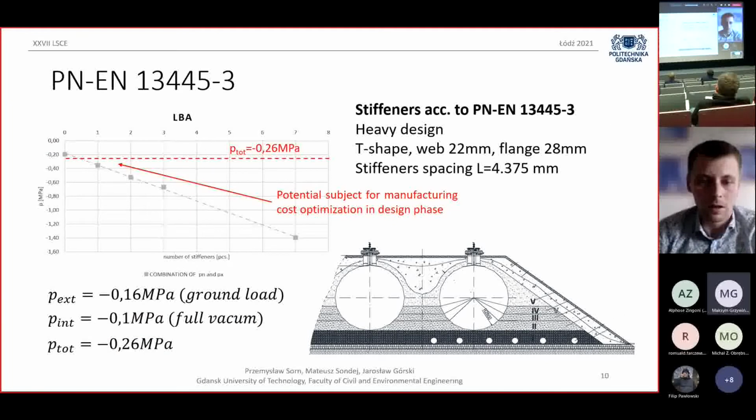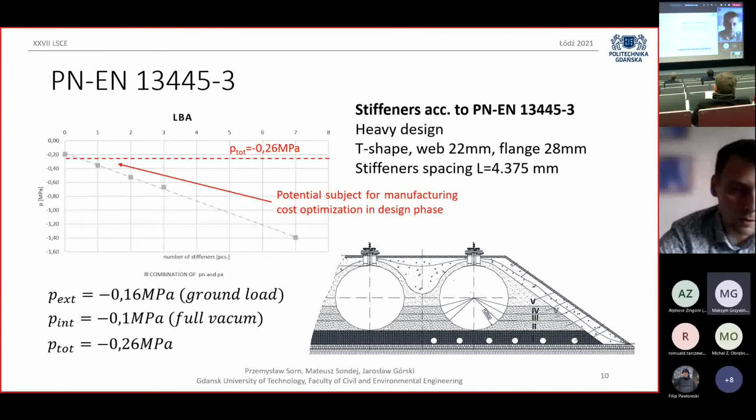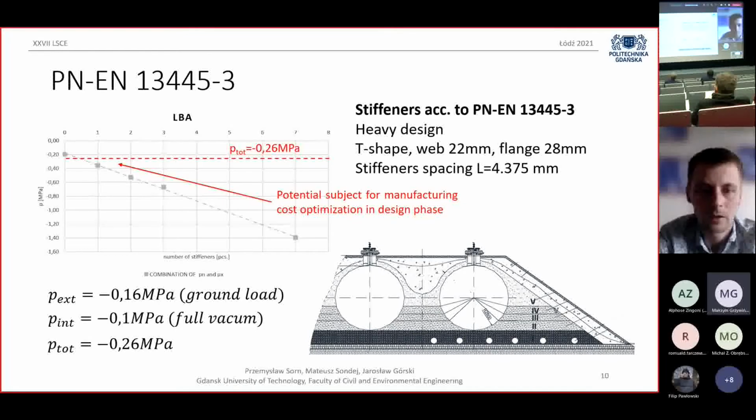And the last slide is the comparison to the pressure vessel standard. If we design according to the pressure vessel design standard, then we have stiffeners spaced around 4.3 meters apart. They are T-shaped with a web of 22 millimeters or 28 millimeters length.